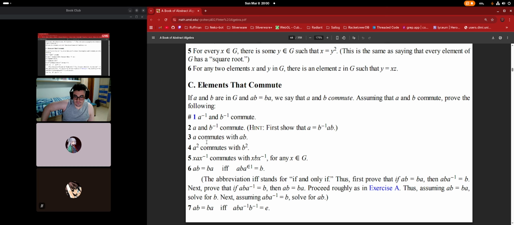A commutes with AB. A square commutes with B squares. Actually, every exponent operation in this case is already trivial to prove, because this can be recoded in terms of A's and B's, and because you know A's and B's commute, you can just rearrange them, and then you go back to the exponent notation, and you're good to go.